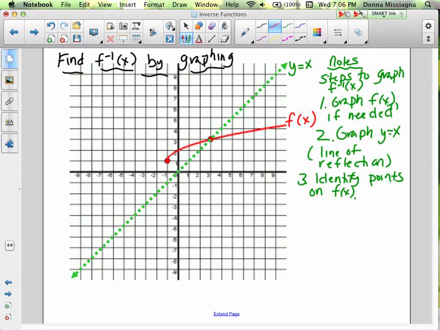Try all possible not to estimate the points unless you need to. Sometimes you will need to get more points. Let's use the ones that we know, and then if we need to, we'll estimate some points if we have any trouble. So this is the point -1, 1. Let me write that a little nicer.